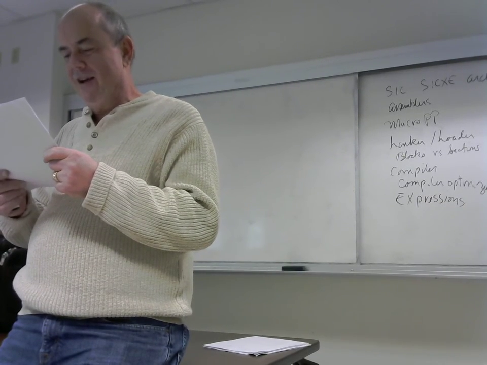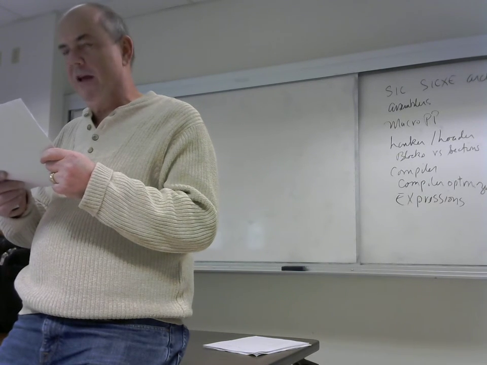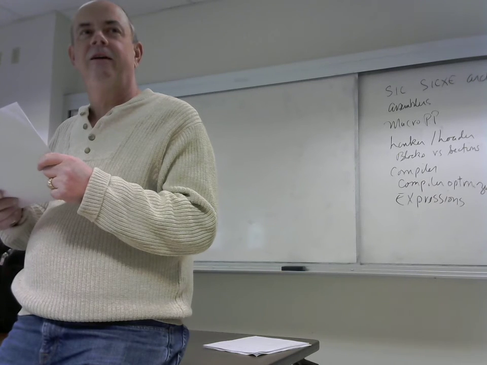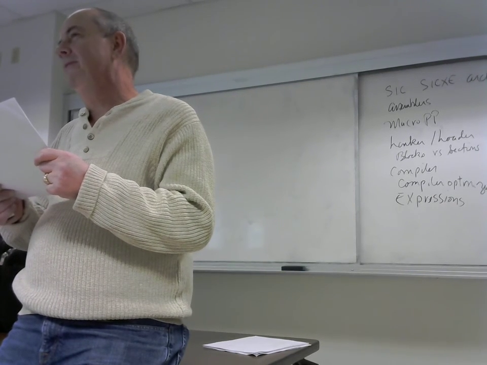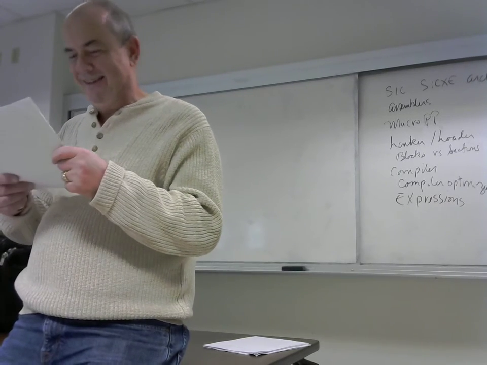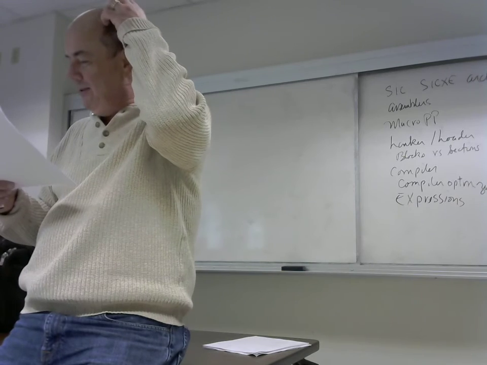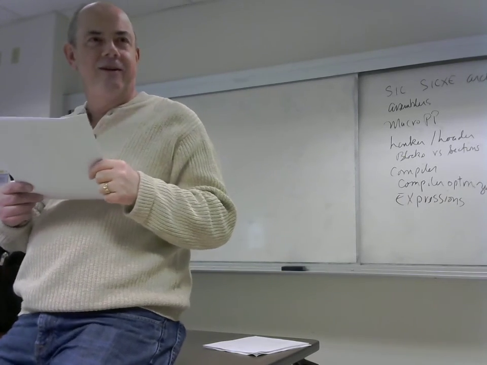Okay, SIC-XE architecture. A modification record may be required for a format 3 instruction. True. Okay, give me an example then. Repeat question. Okay, so make sure you read these. A modification record may be required for a format 3 instruction.